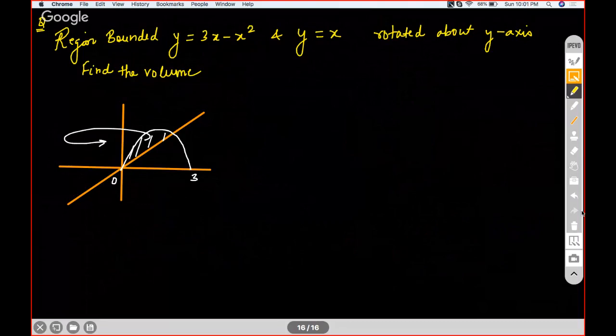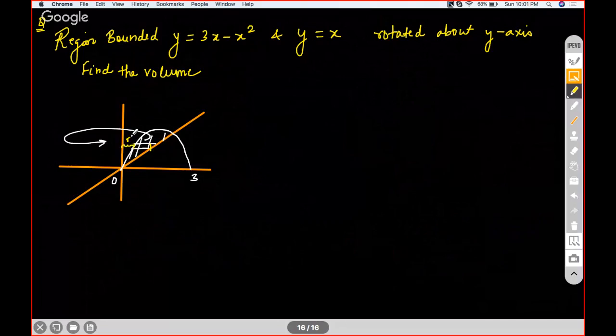So R2 will be x and R1 will be 3x minus x square. So the washer that will be created, let's say I create a washer like this. This one will be your R1. This one will be your R2.